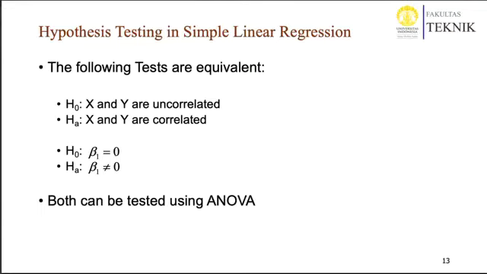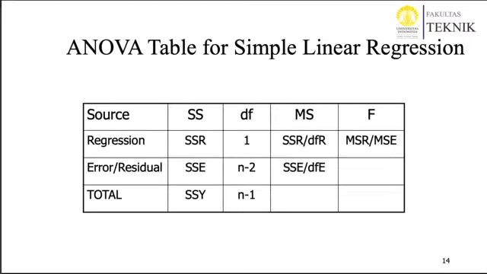If you still remember what ANOVA is, it's analysis of variance. Using ANOVA, we have to follow a strict procedure. First, we have to make an ANOVA table, simply a table similar to this, in order to evaluate this hypothesis.